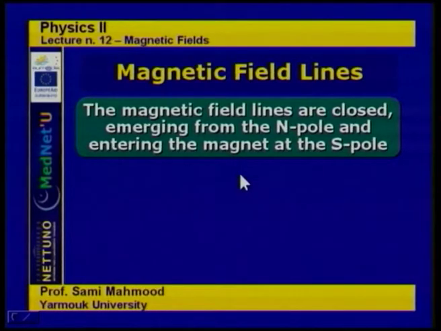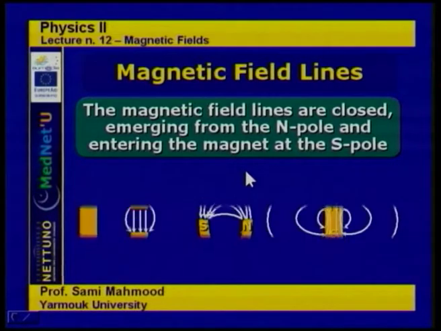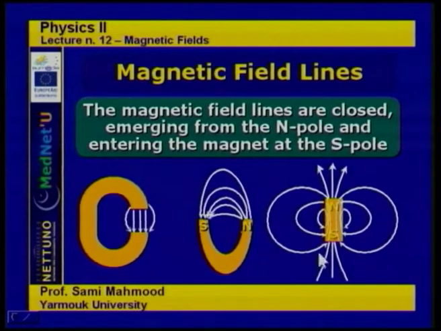The magnetic field lines are closed. They are not like in the case of electrostatics. They emerge from the N pole of a magnetized piece, and they enter the magnetized piece at the S pole. For example, if we have a simple bar magnet, they start from the N pole and end in the S pole, and inside the magnet they go from the S to the N, forming a closed loop.